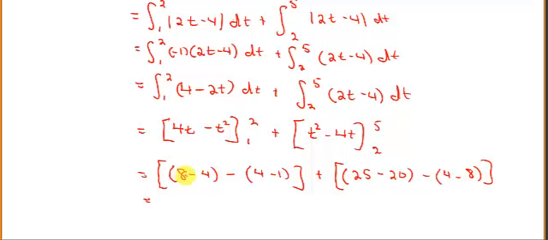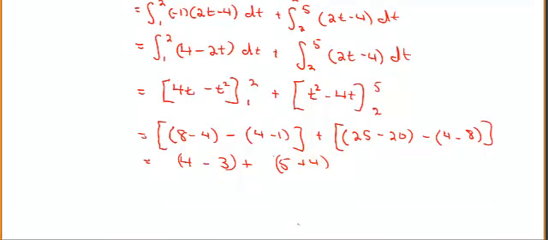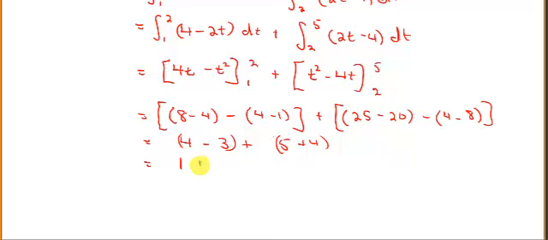We'll have 4 minus 3, plus 5, and then minus a negative 4, or plus 4, is 9. So this is going to be 1 plus 9, which is equal to 10.